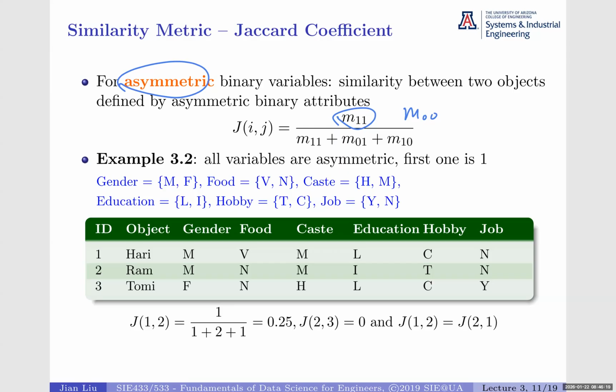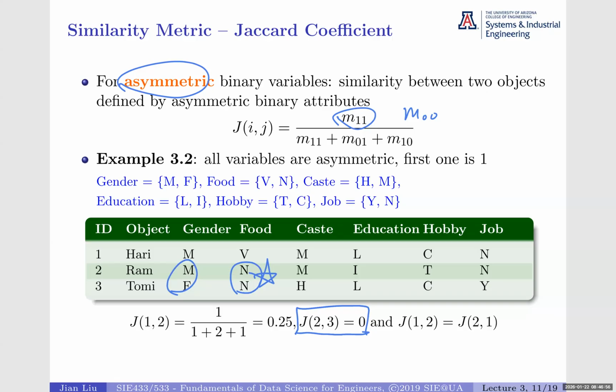They are symmetric, right? So similarity between 1 and 2 is the same as the similarity between 2 and 1. And we can see that the similarity between the second and the third data objects, Ram and Tommy, they are totally what? Different. Are they? Gender different? Food negative. Negative means it's not important, so it's not considered, even though they are the same. We forget about it.